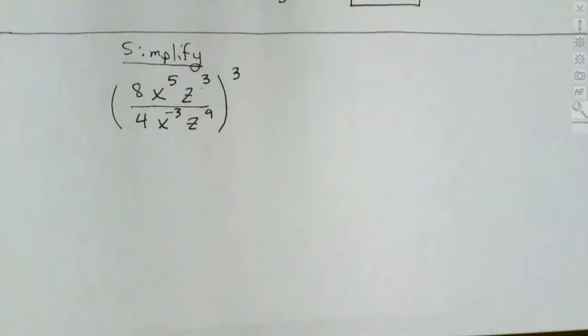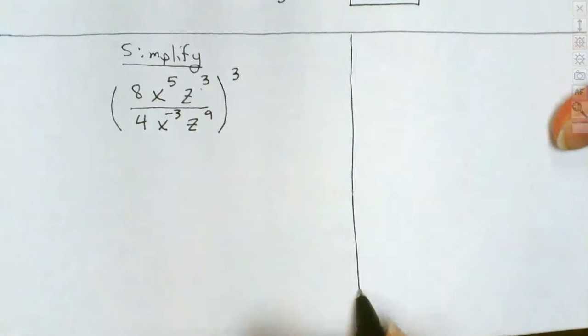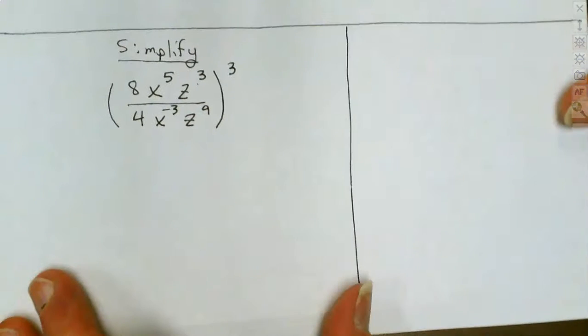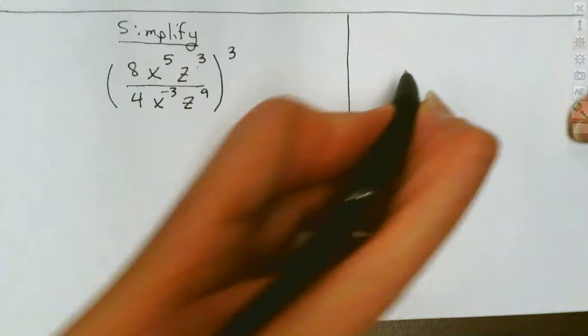Then we'll distribute that 3 through. You could do it right now, but it's going to be more confusing than if we simplify it first. So we're going to do our parentheses first. So over to the side is going to be our work. And let's see what we've got.